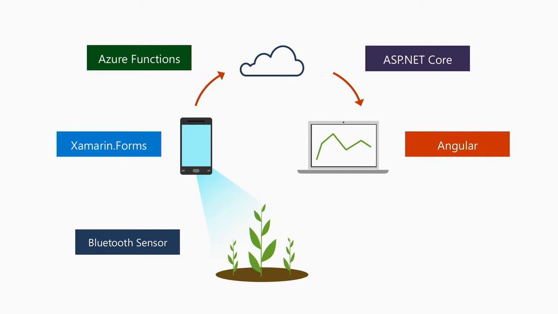We have a Xamarin.Forms app, just doing Android for now, but we could use Xamarin.Forms to very easily get that running on iOS later. We're going to be sending the data up to Azure Functions via a REST call. That will be putting the data into Azure table storage. Then we have an ASP.NET Core app that will read that out and display it on the client using Angular.